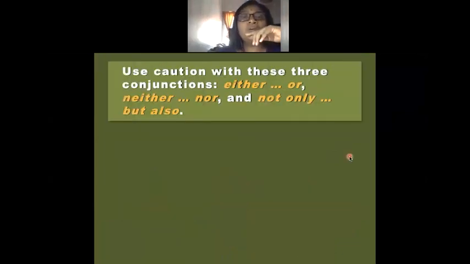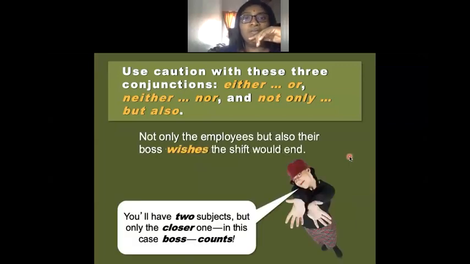So also be very careful when you see these words: either or, neither nor, not only but also. If you happen to see these words in the sentence, the trick of choosing the verb will be a bit difficult.